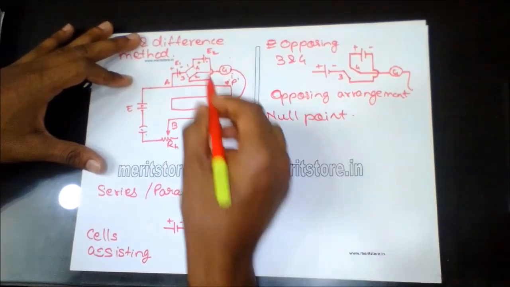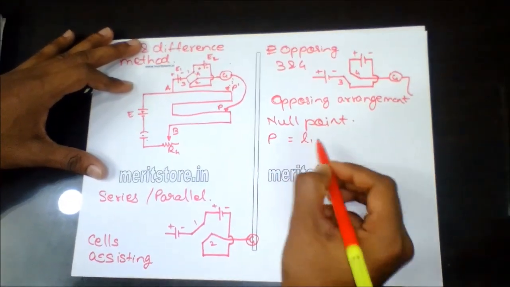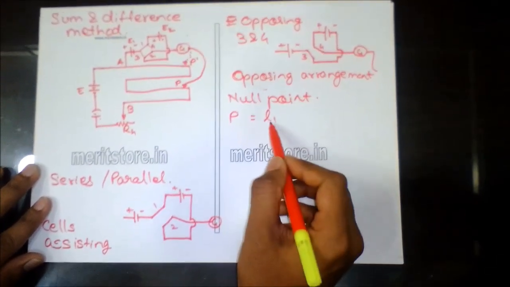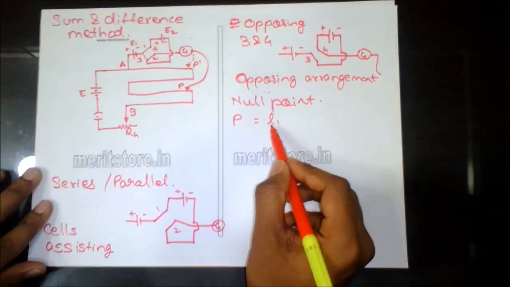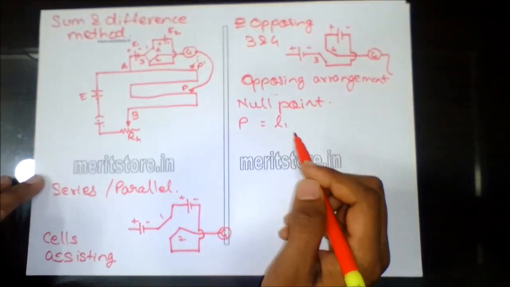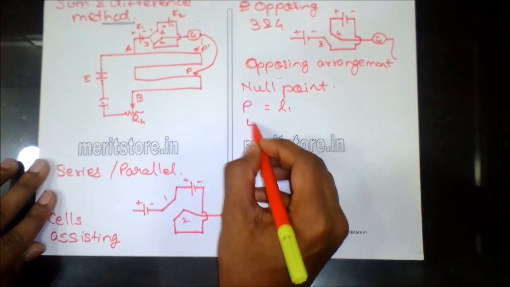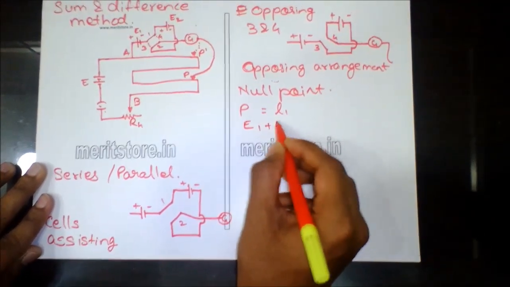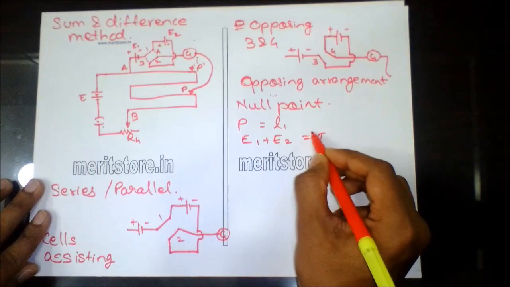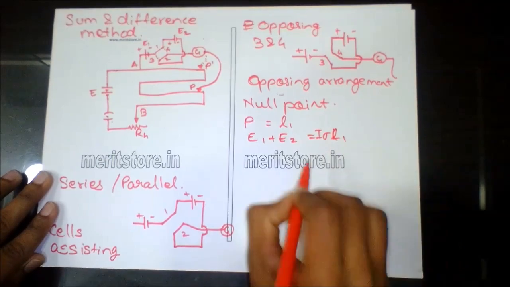For series arrangement, if the null point is obtained at point P, the corresponding null point length is L1 in the cell assisting arrangement, and since these cells are assisting, the combined EMF will be E1 plus E2, which is I sigma times L1.